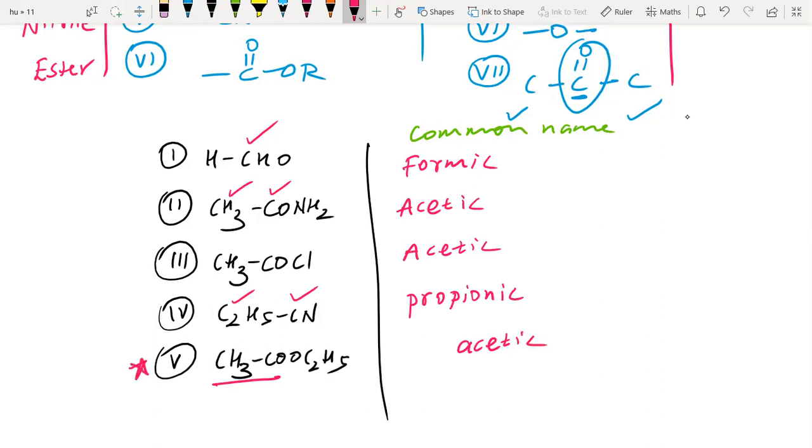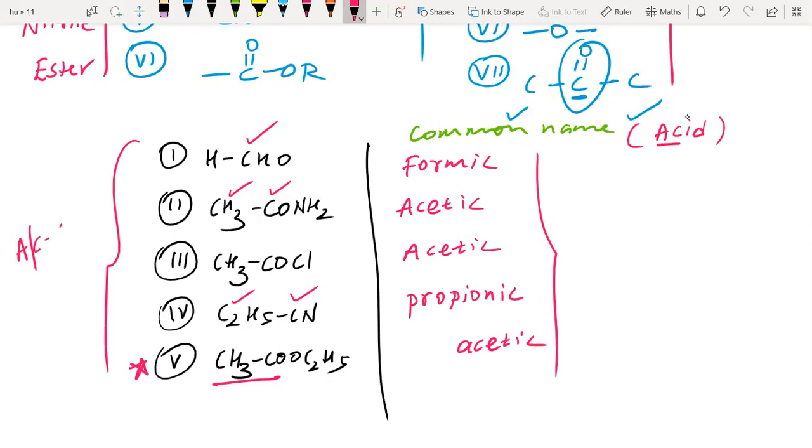This is a different case, we'll discuss it. So while writing common names, these are all derived from acid, and that's why I gave the name AC family.